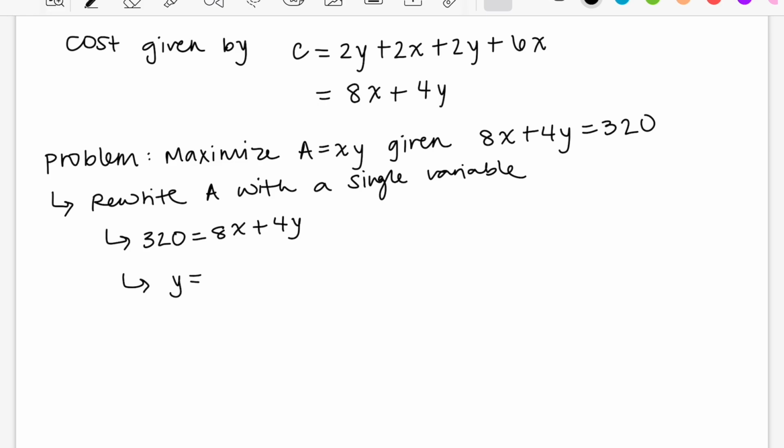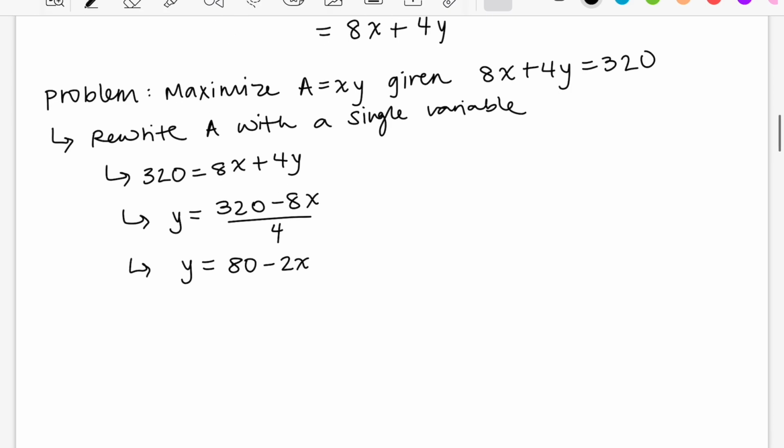Doing that gives us 320 minus 8x over 4. So we get y is equal to 80 minus 2x. And then with this information, we can rewrite A in terms of just one variable, x.